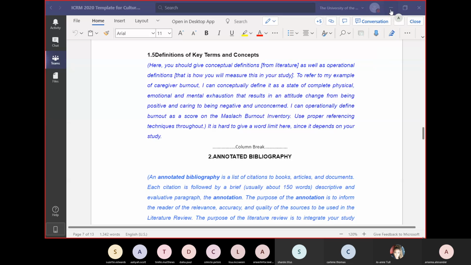You also see my screen? Yeah. What exactly is being shared? Just the document. That's the doc file, right? Yeah. Okay. Thank you.